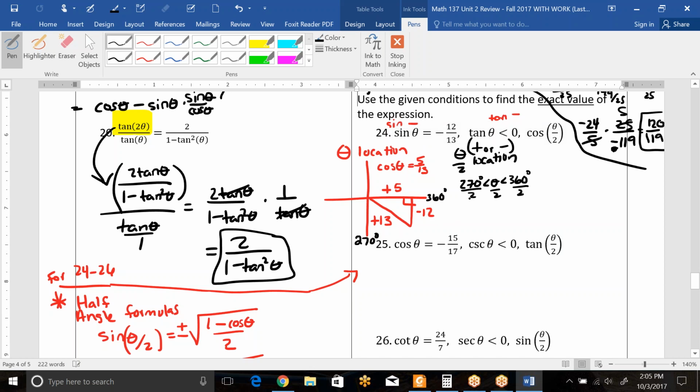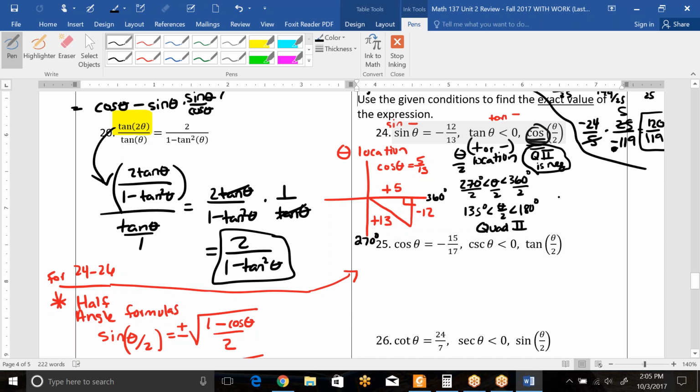So half of 270 would be 135. That'd be theta over 2. Half of 360 is 180. So it looks like this is in quad 2. And cosine in quad 2 is negative. Okay? So cosine specifically; if it was tangent, we would think about where tangent is in quad 2.